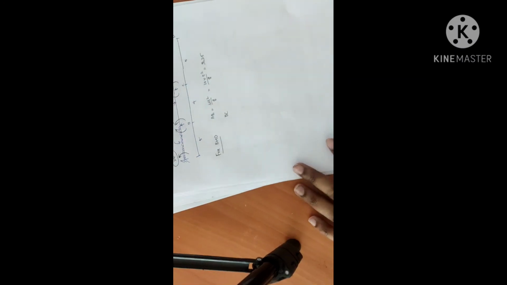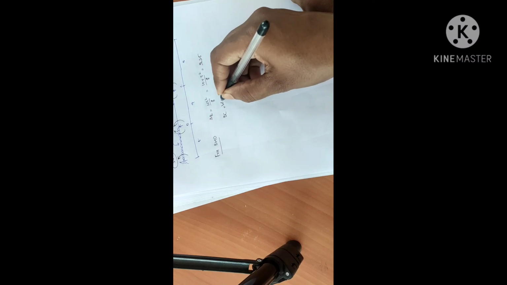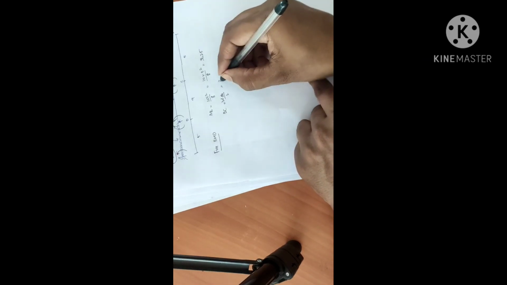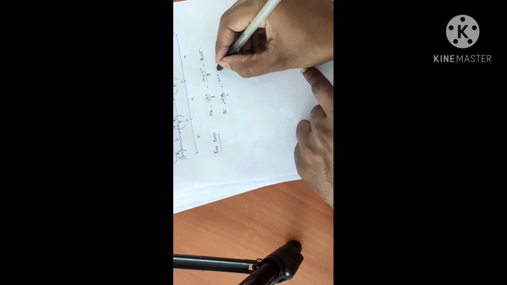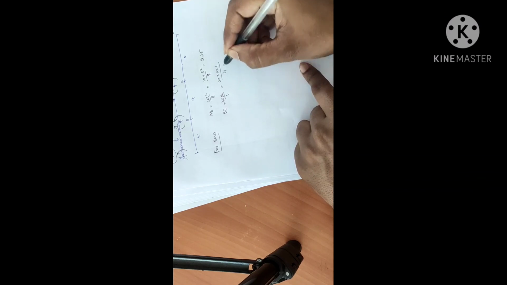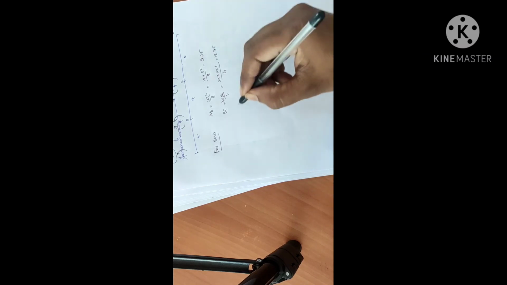For the BC member, it is an unsymmetric point load. The unsymmetric point load formula is WAB by L. That is 25 into A is 3, B is 1, divided by 4, will give you 18.75.